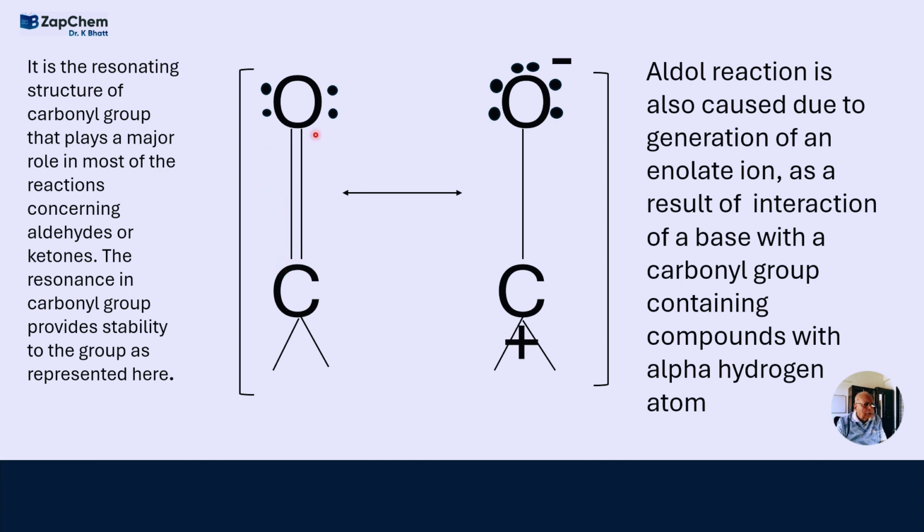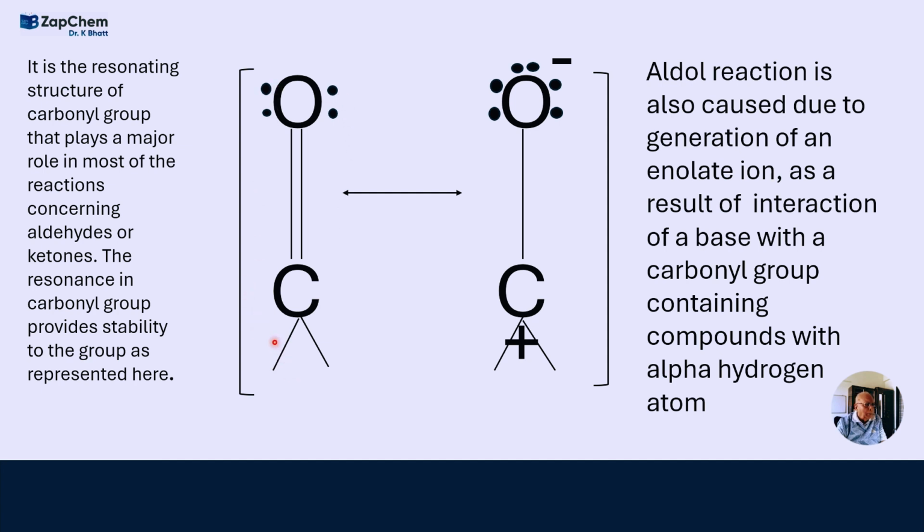Still, the oxygen atom contains two lone pairs of electrons. Of course, the carbon can be attached to two alkyl groups, or to two hydrogen atoms, or to one hydrogen and one alkyl group. So that way aldehydes and ketones are formed.